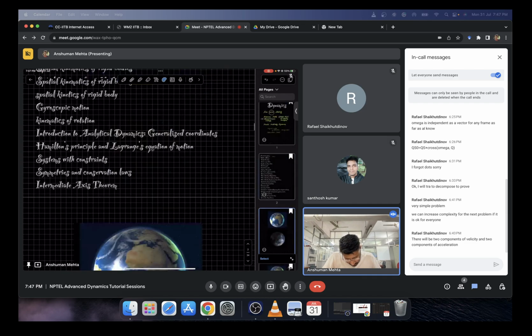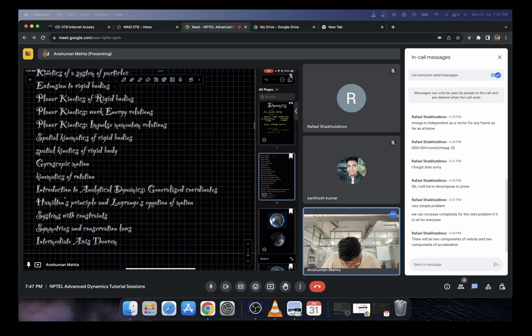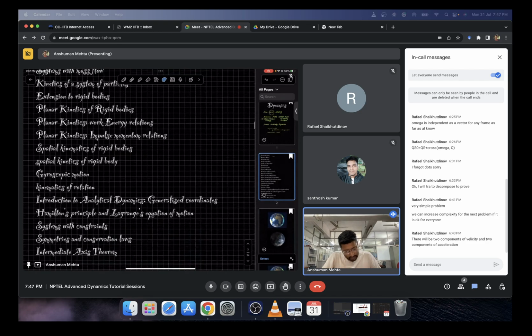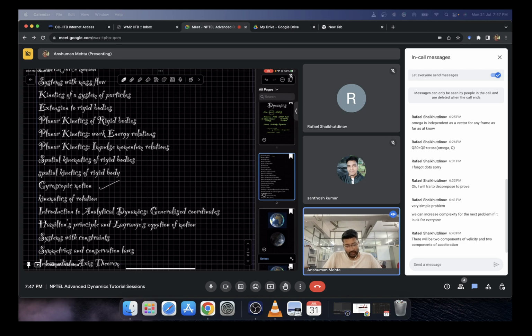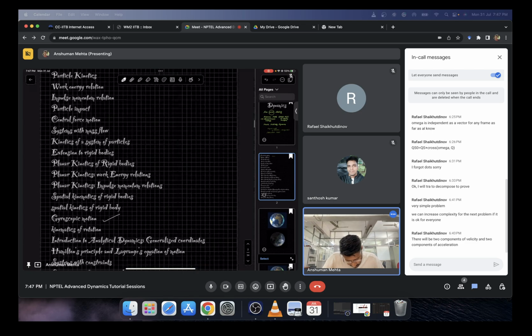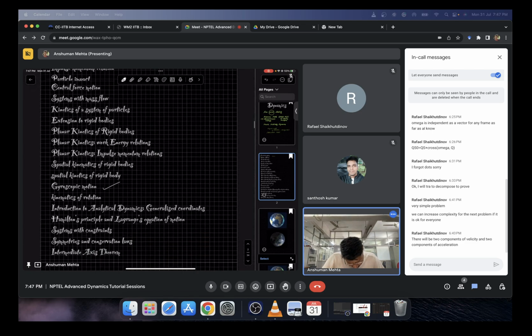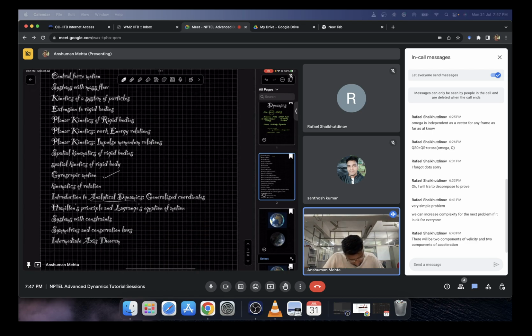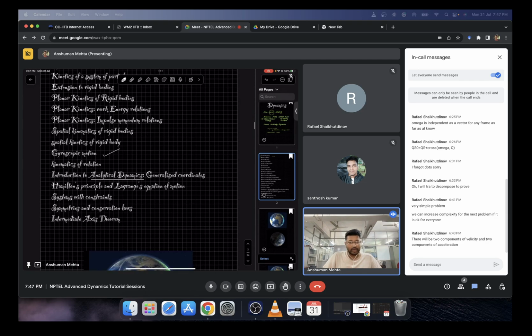And finally, why I am putting so many rotations into pictures is because you have to understand how gyroscopic motions are governed and how the gyroscope works. My final aim is to get to analytical dynamics, where everything can be put into equations, and now it's all about solving those equations.